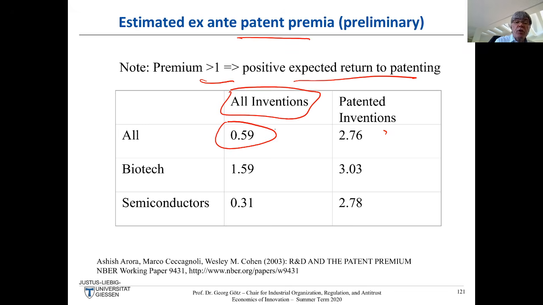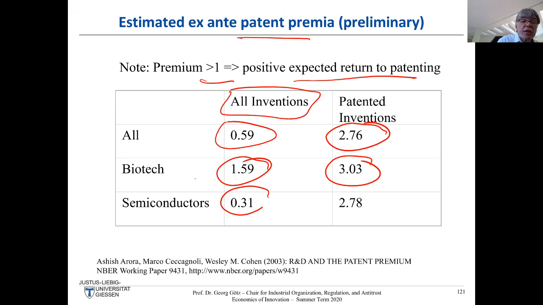However, for the patented inventions, this is better, because companies know whether it's useful to patent their inventions or not. And for the patented inventions, this is clearly positive. For each euro you get €2.76 back. For biotech inventions, you see that all inventions are somehow in positive territory, and the patented even earn more than €3.